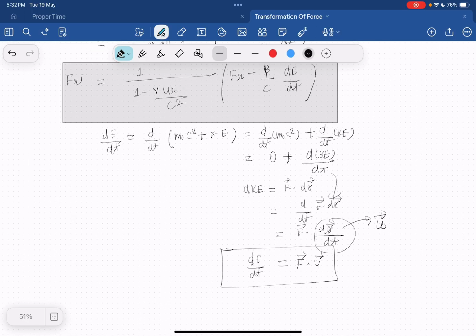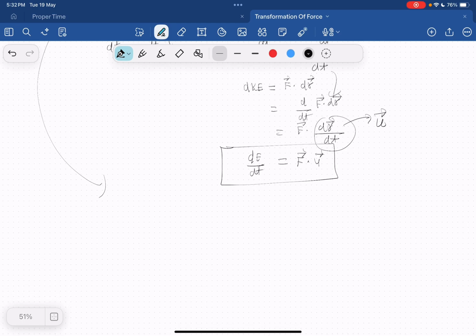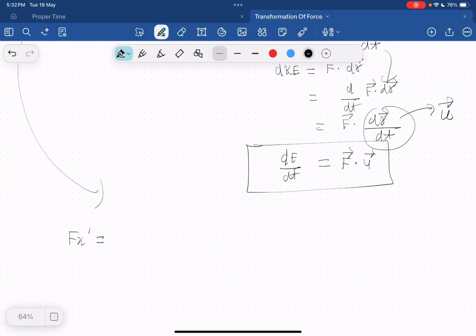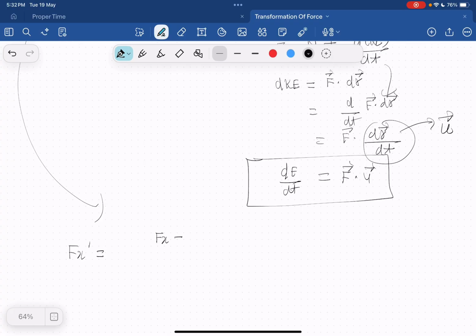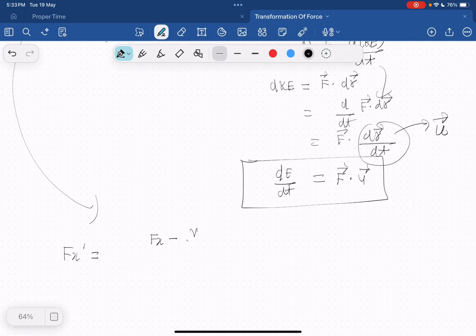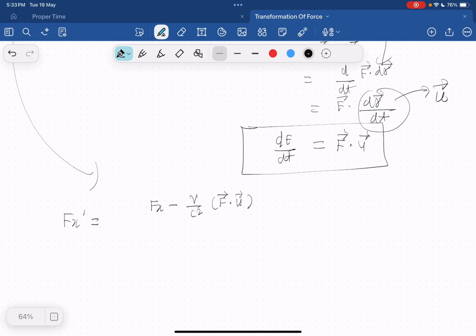So if we substitute this thing there, then we find that fx prime comes out to be fx minus beta by c, which is basically v by c square, times f dot u, and all divided by 1 minus ux v by c square.